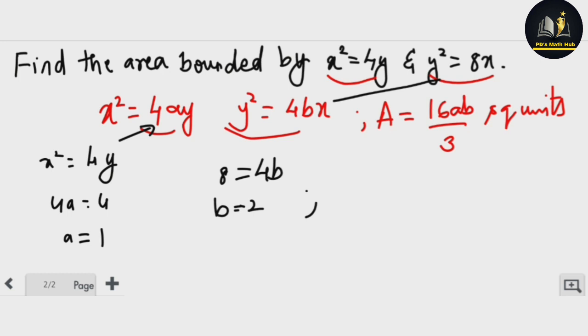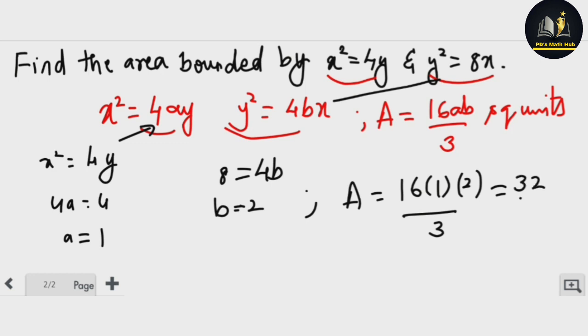Hence the area will be 16ab divided by 3, that is 32 divided by 3 square units. Very simple. I have just found the values of a and b by comparing with the standard equations x square is equal to 4ay and y square is equal to 4bx. If you have this format, then the area bounded between the curves will be 16ab divided by 3.